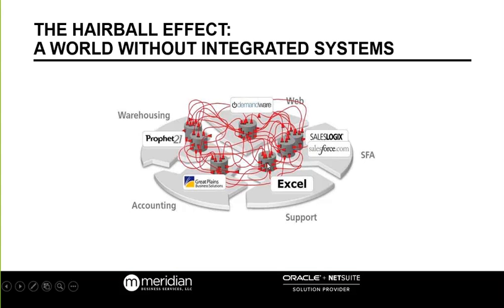If you draw out their hairball of systems diagrams, where you have a number of different systems for different solutions, whether it's one system for accounting, another one for support, another one for the website, for CRM or sales force automation, another one, and trying to connect all of these different systems with these red lines indicating integration points.